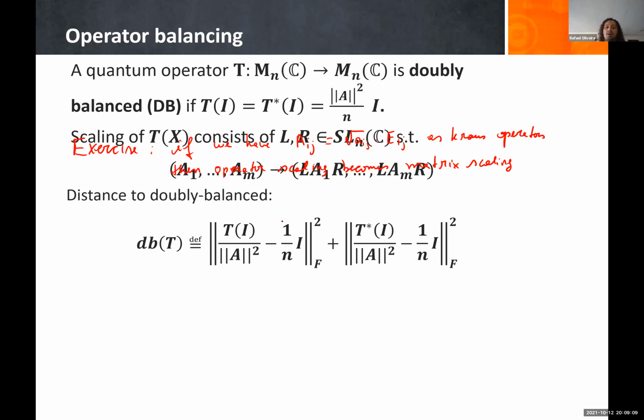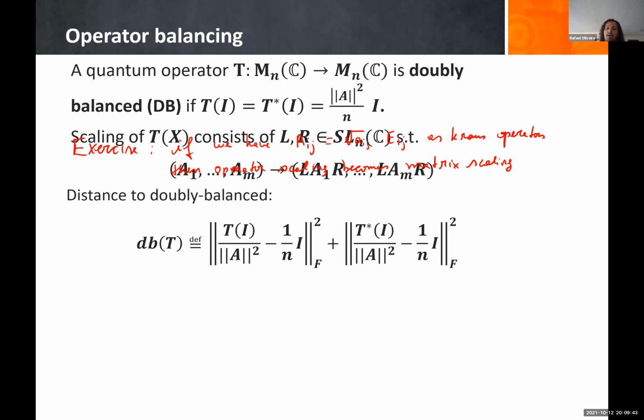The L2 distance as a vector is the Frobenius norm of these matrices, which is why we have the Frobenius norm here. There is this vector T sub I, and we want its distance to the identity, and factors like the norm squared and 1 over n are just the normalization we need. So this is the distance from being doubly balanced, which generalizes the distance we talked about for a matrix being doubly balanced.